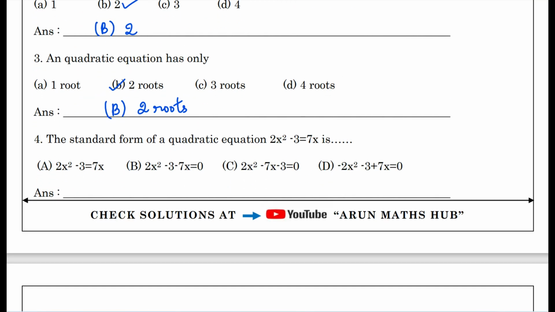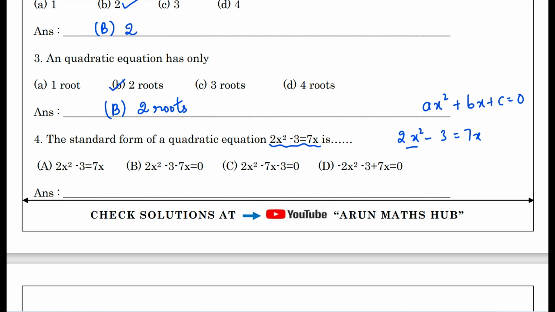What is the standard form of quadratic equation? We know that the standard form of quadratic equation is ax square plus bx plus c equals to 0, right? Now, here a quadratic equation is given, that is 2x square minus 3 equals 7. Is it in standard form?